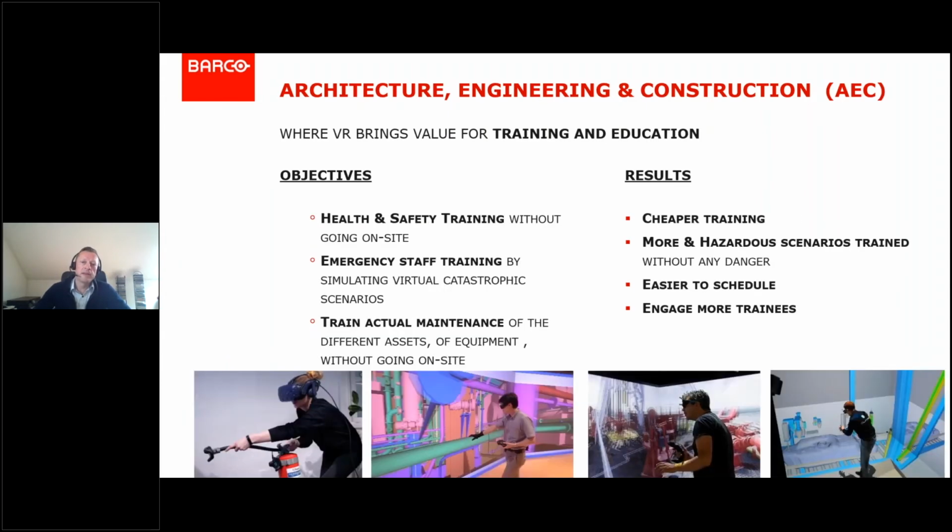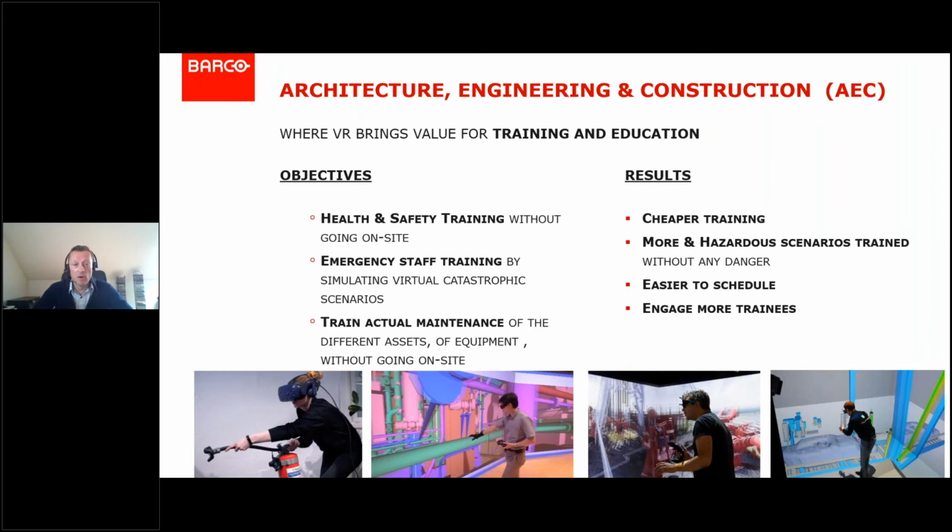And a fourth domain that I want to highlight is the training and education part. You can do training in real life and on real things, but training in virtual reality gives you a number of benefits. Again, you can do trainings on situations that you don't want to simulate in real life. That can be health and safety training environments.